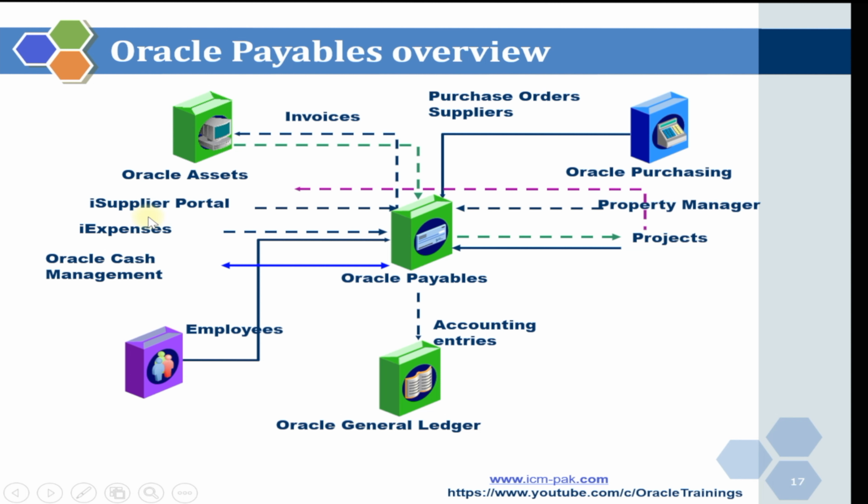Supplier portal is used to deal with suppliers through the portal, and expenses is used to record your expenses. So to cut it short, Oracle Payables is tightly integrated with all other required ERP modules, especially those modules which are part of P2P.